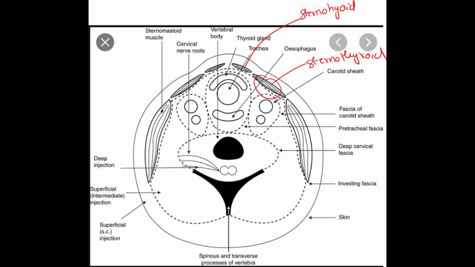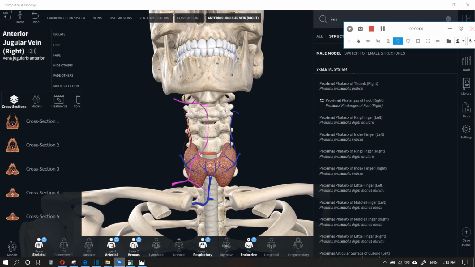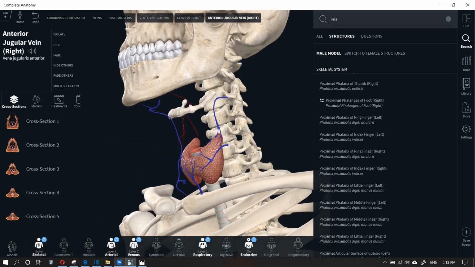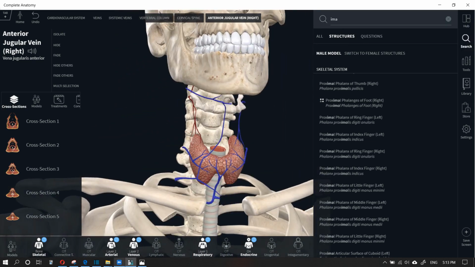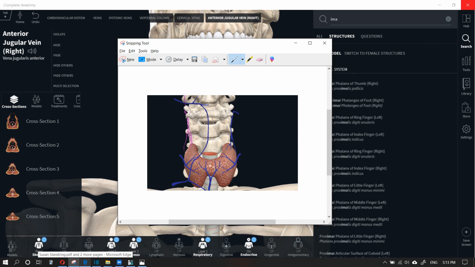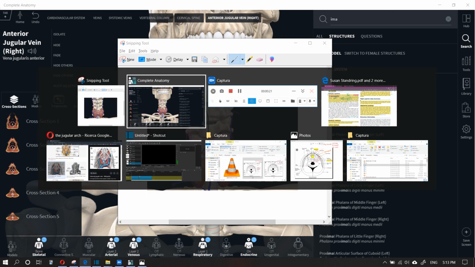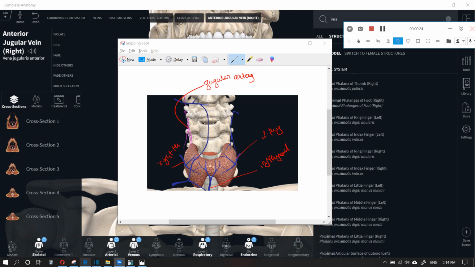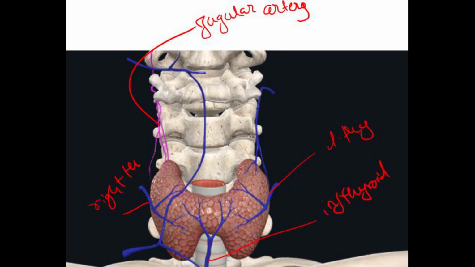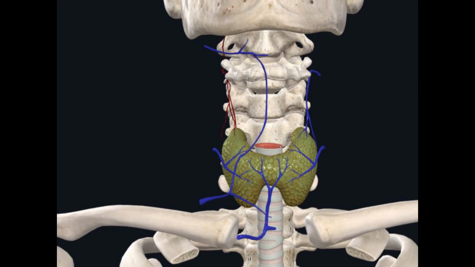The arteries and the vein, it is crossed by the jugular arch superiorly in the anterior relation, and downwards below the isthmus of the thyroid we have the two superior thyroid arteries. Antero-inferiorly there's the pretracheal fascia. Okay, so remember, then inferiorly we have the thyroid veins and the thyroid ima artery.